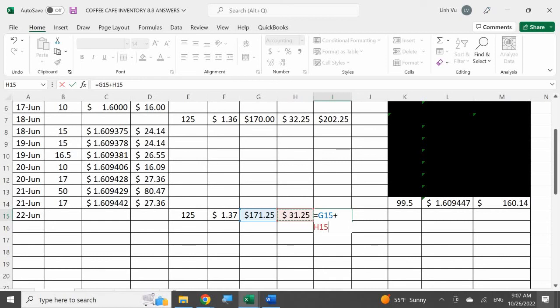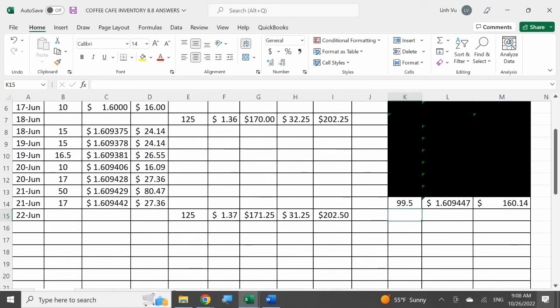Or even if you subtracted, that's not the right answer. You're adding them together, right? That's what freight does. 202.50. So I'm adding it to my weighted average or my moving average here.